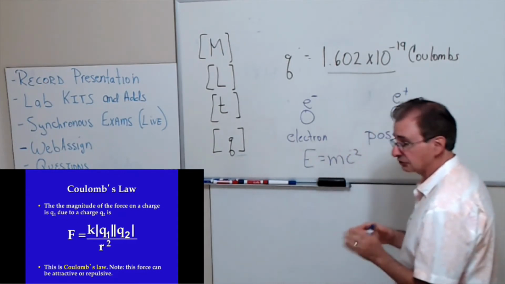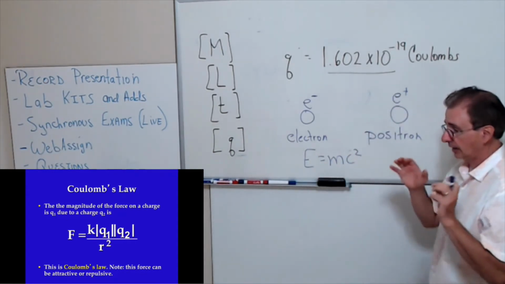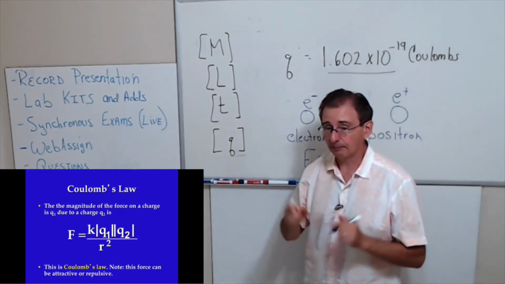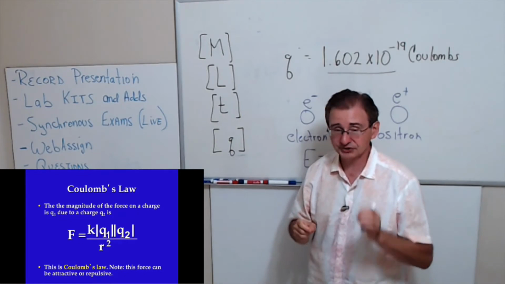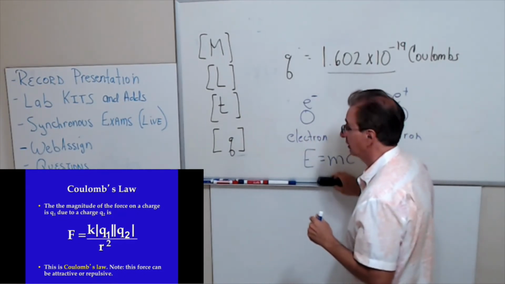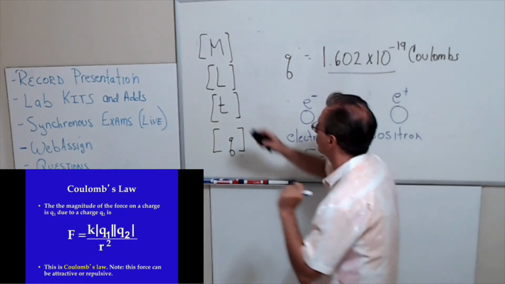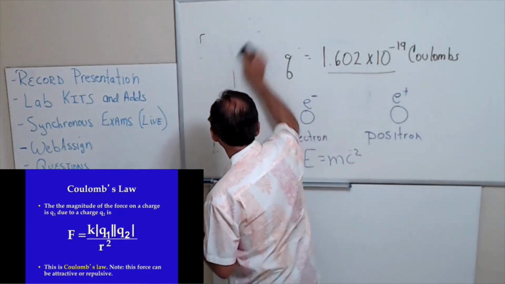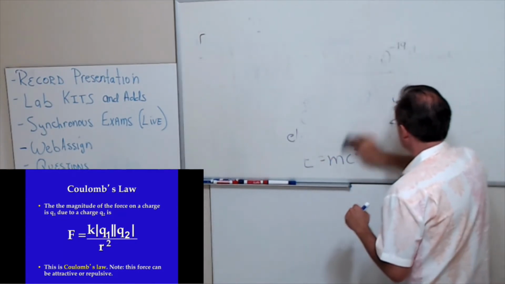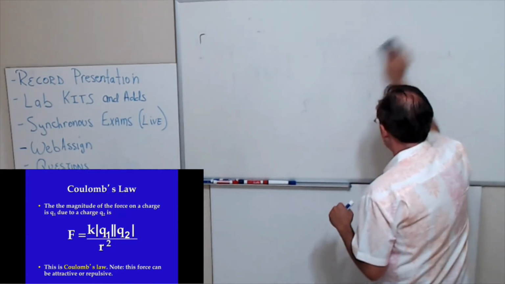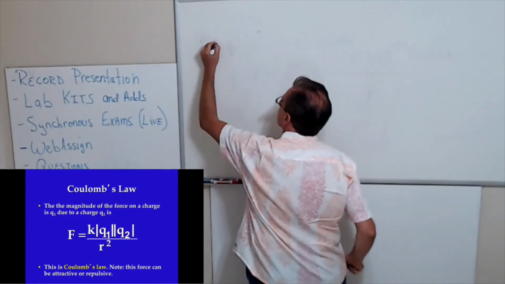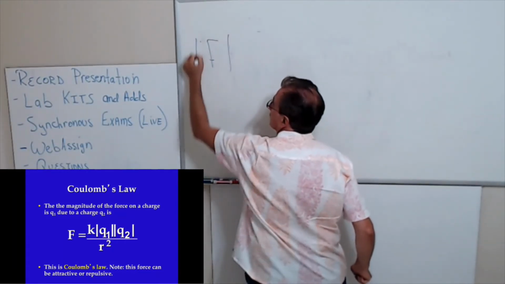What you see on the screen is the equation that represents the magnitude of the force between two charged objects. That's something you've got to remember. The equation, the way I have written it, represents the magnitude of the force between two charged objects. I should write it like this.